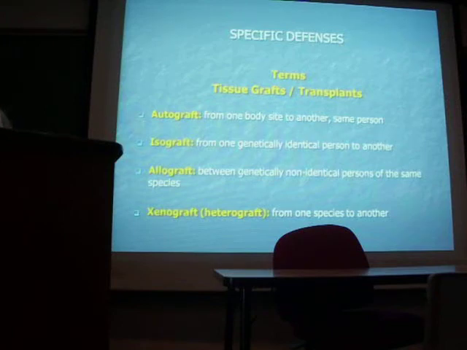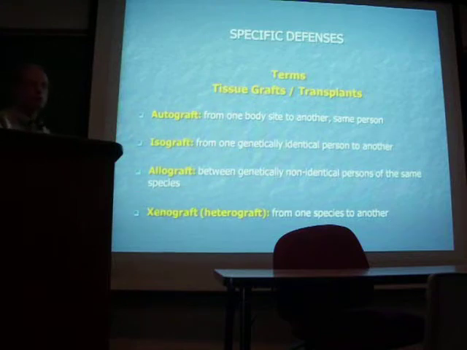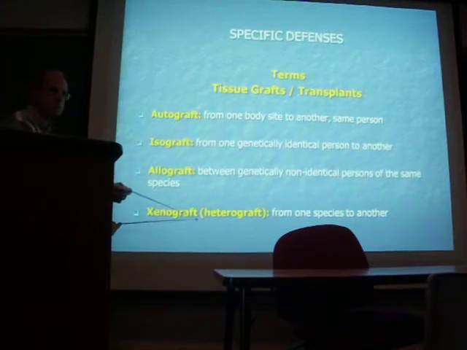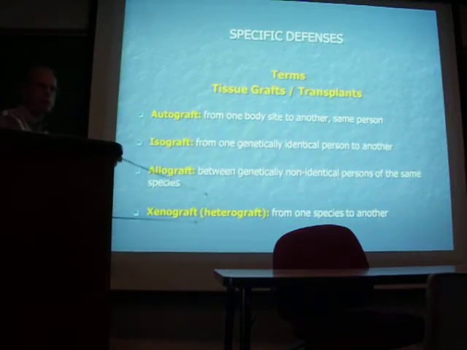You can temporarily cover the debrided and cleaned up wound with pig skin, porcine skin. So this would be a xenograft. It's from one species, an animal of one type, to a human.